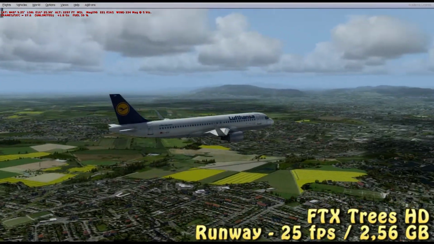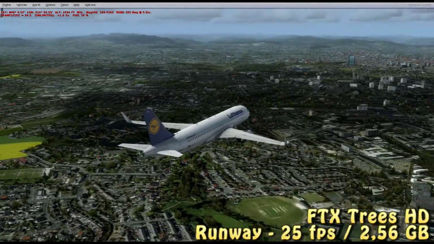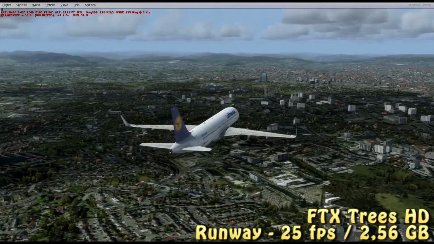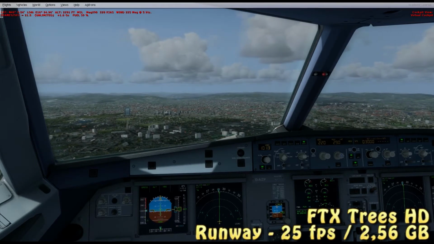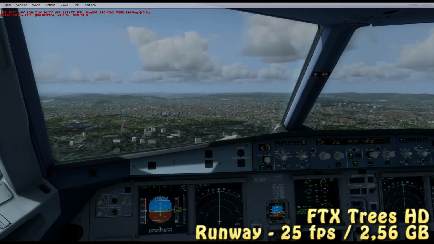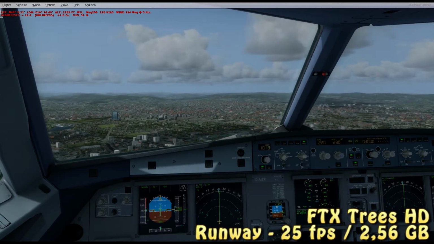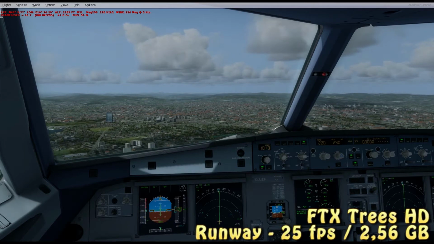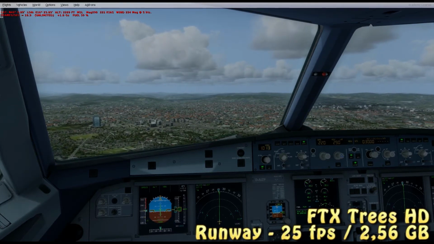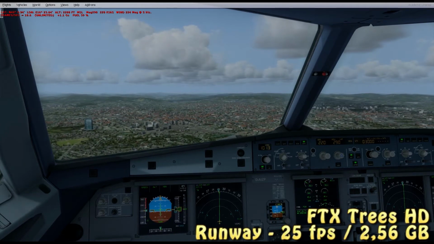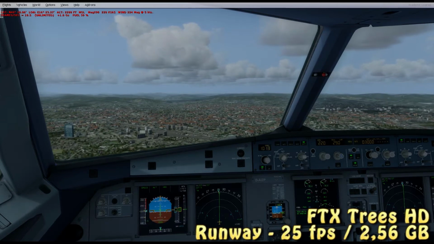But in certain situations, for example, when I went with the PMDG 777 from Las Vegas to San Francisco, I had around 300 or 400 megabytes left when I landed in San Francisco and when I was parking at the gate. And that's not a lot. Believe me, on such flights with complex add-on airplanes, you will need every 100 megabytes of VAS usage. But, you know, I can live with it, and the graphical impression is a lot better.